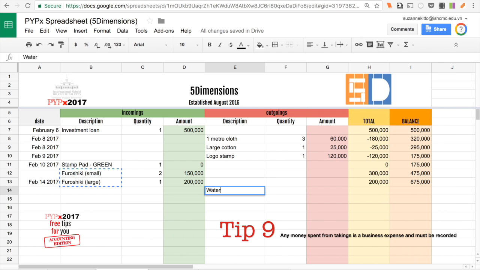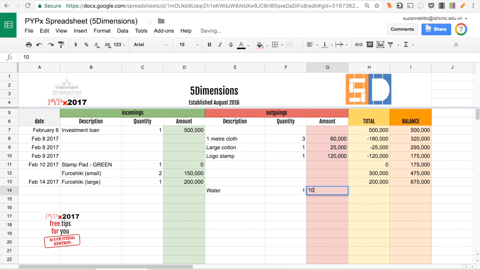Let's say you forgot to get some water and it's really hot when you're selling. That needs to go into your spreadsheet if you're taking the money from your takings for your business. There, so I've included that to make sure that I am keeping myself honest. That also happened on the 14th.